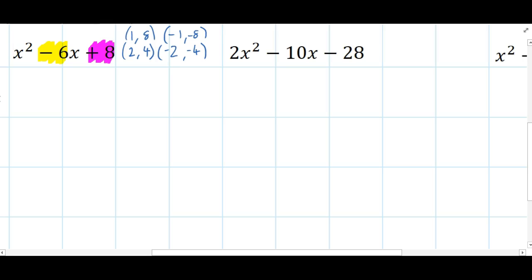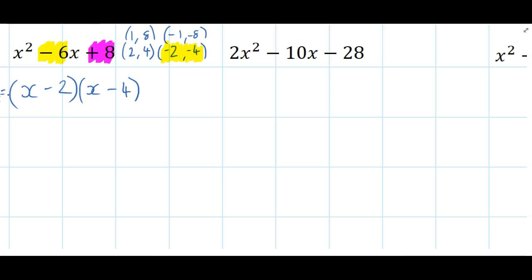You add these up and you have to get the middle number. Negative 2 plus negative 4 adds up to negative 6. So x minus 2, x minus 4. You have to pick the correct factor pair.